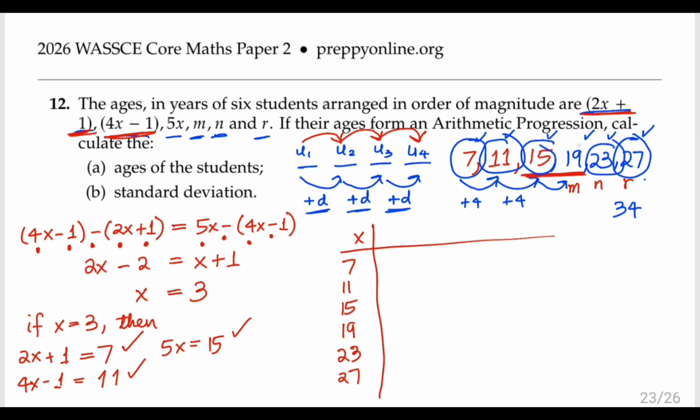And this 15 plus 19 will also give us 34. So the sum is going to be equal to 3 times 34. And because there are 6 of them, we divide by 6. So 3 divides 3, 1 divides 6, 2. 2 divides 1 divides 34, 17. So the mean is, again, going to be 17.